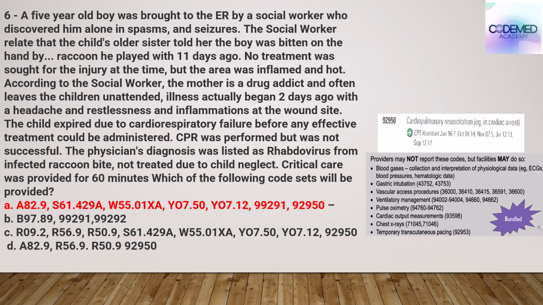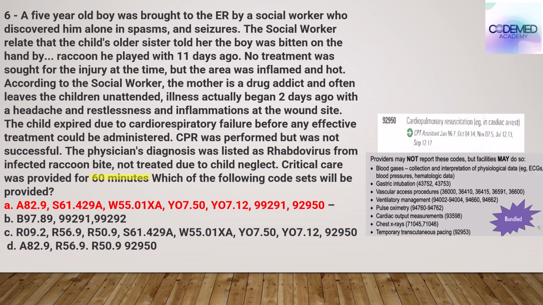B is not the correct option because the critical care that is given for that patient is 60 minutes. And if we remember the time, you will see that 30 to 74 minutes require only 1 unit of 99291, and that's why 99292 is not the correct code, and we will write 99291.